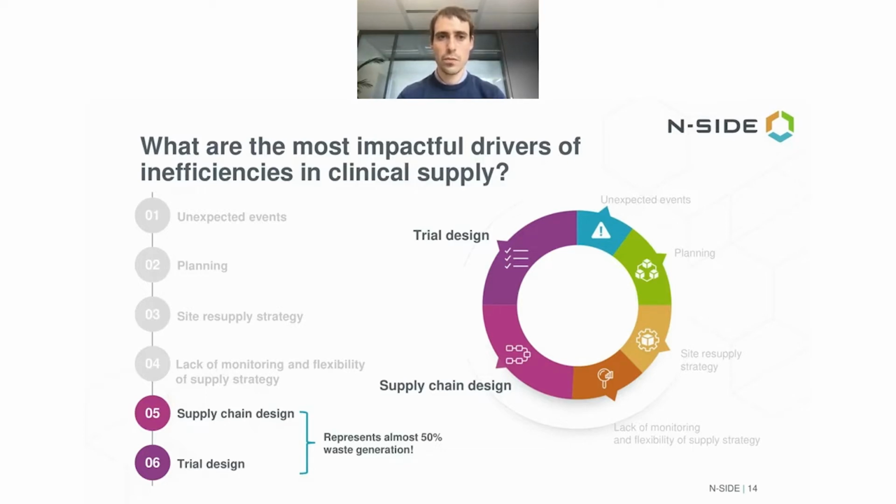So if you manage to optimize trial design and supply chain design before the first patient in, obviously we don't want to do protocol amendment, we want to have something supply friendly from the get-go, then you can really significantly reduce waste. And I will give the floor to Alexis, who's going to talk more in detail about trial design and supply chain design.